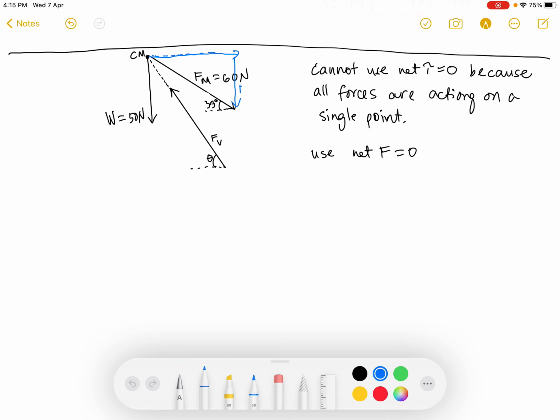So this will be Fmy, or the y component of Fm, and this will be Fmx, or the x component of Fm. We can do the same thing for Fv. So we have the horizontal and vertical components of Fv, Fvx for the horizontal component, and Fvy for the vertical component.